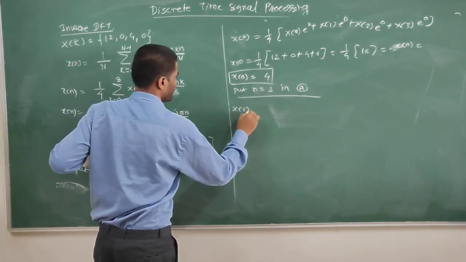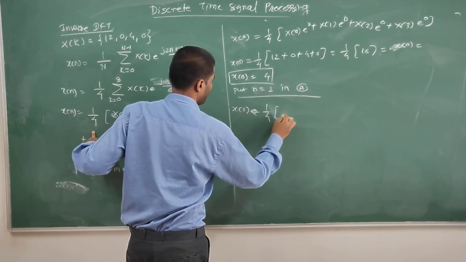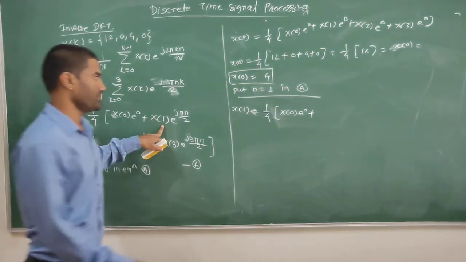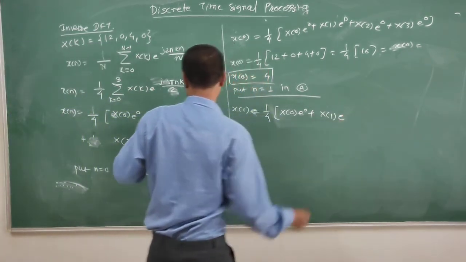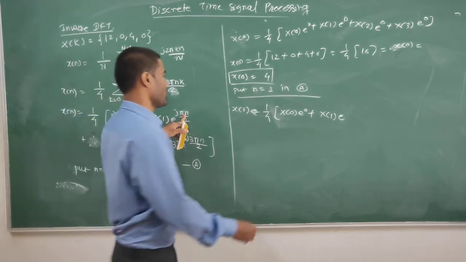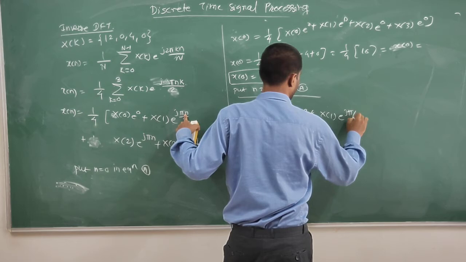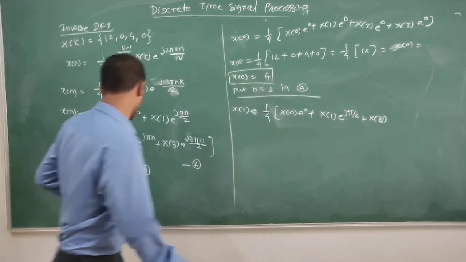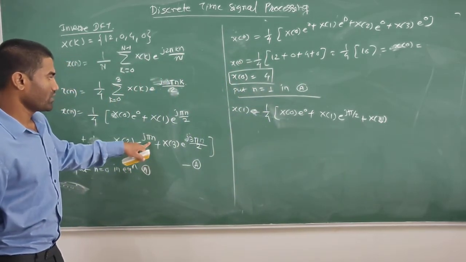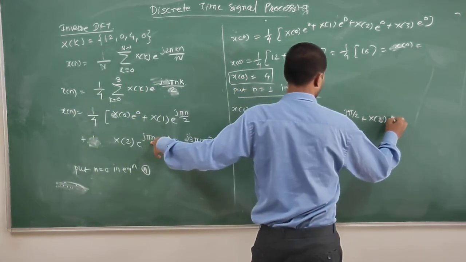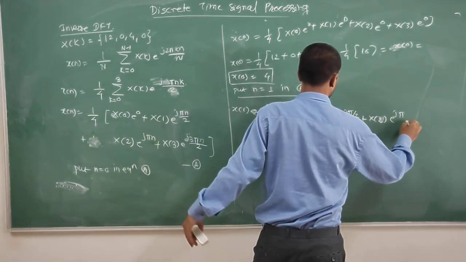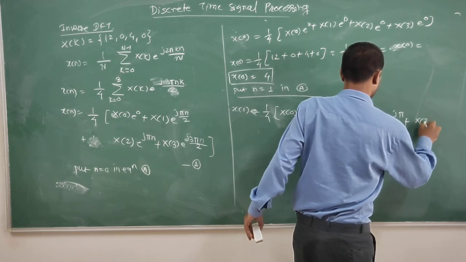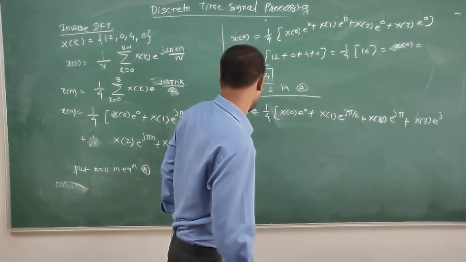Now x of 1 is equal to 1 by 4, x of 0 as it is, plus x of 1 e raised to j pi by 2, plus x of 2 e raised to, here I will put the value, j pi only, because I am putting the value of n equal to 1. Plus x of 3 e raised to j 3 pi by 2.